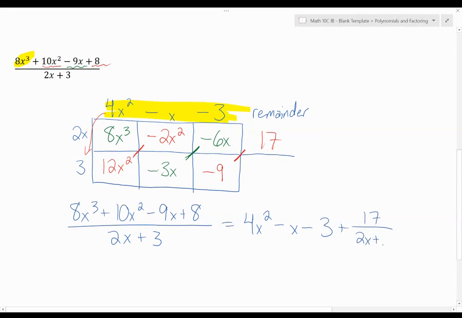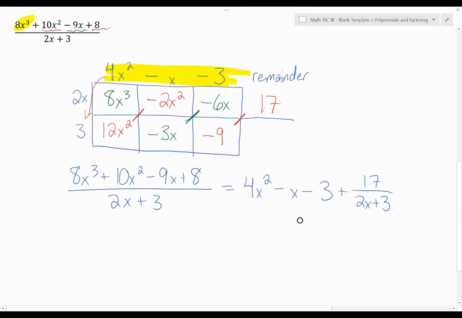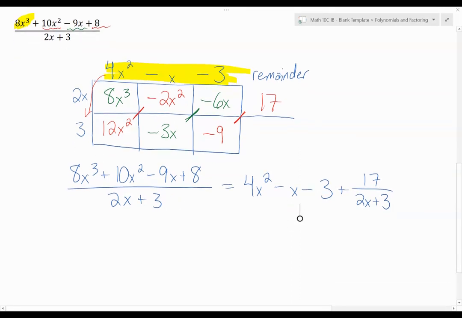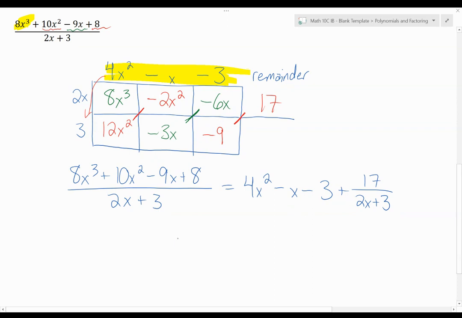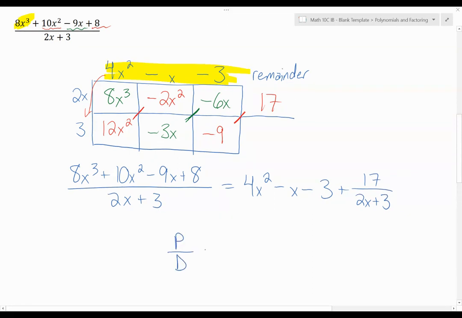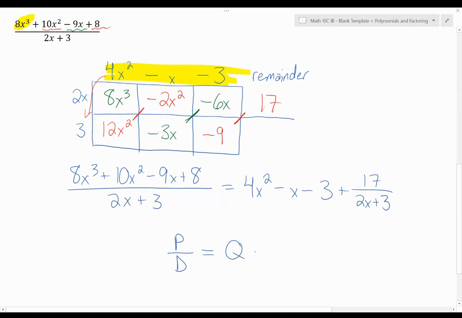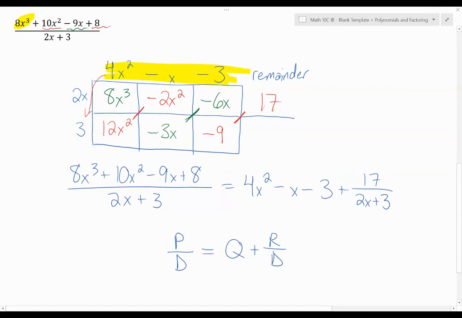So 17 over 2x plus 3. So just to give the general form of this, we have some polynomial divided by a divisor is going to equal the quotient plus the remainder over the divisor. That's the form that I've given here.